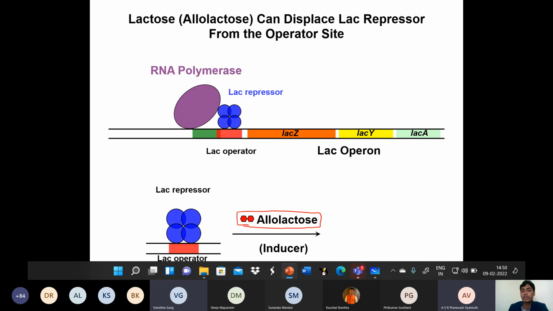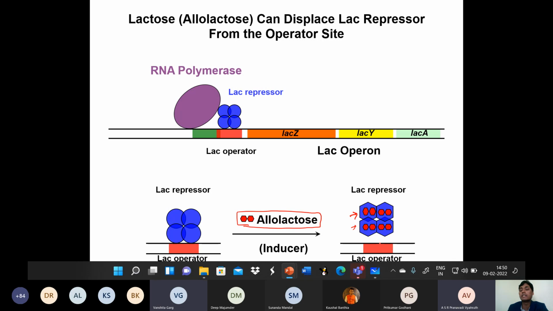So this allolactose binds to the lac repressor. Whenever allolactose binds to lac repressor, quickly the lac repressor changes its conformation. See, lac repressor now looks different, because of allolactose binding. So the repressor cannot bind to the operator anymore.